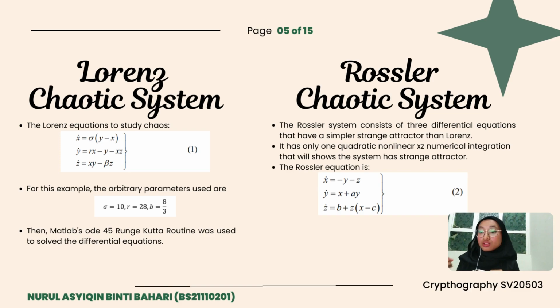It has only one quadratic non-linear term, and exact numerical integration will show the system has a strange attractor. So the equation is dx over dt equals negative y minus z, dy over dt equals x plus ay, and dz over dt equals b plus z times (x minus c).